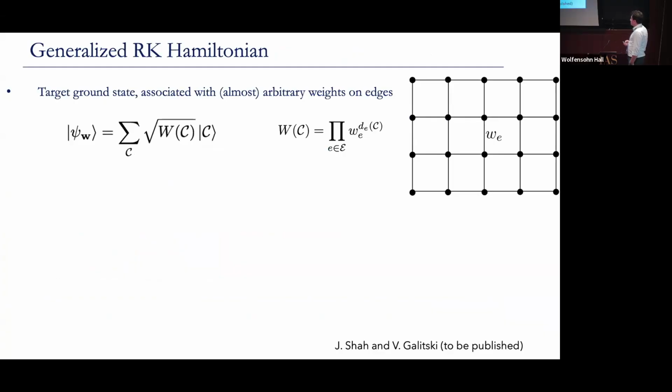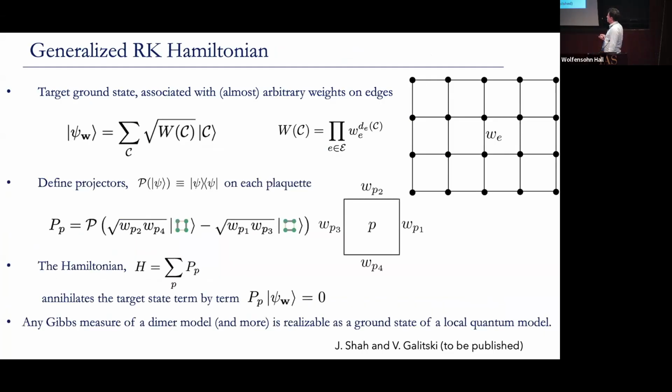So I'll mention in passing that the RK Hamiltonian can be generalized to generate just about any dimer cover I like. So let's say I just choose any weights I like on a lattice and I ask, can I create a local Hamiltonian to which it's a ground state? The answer is yes, and this can be done.